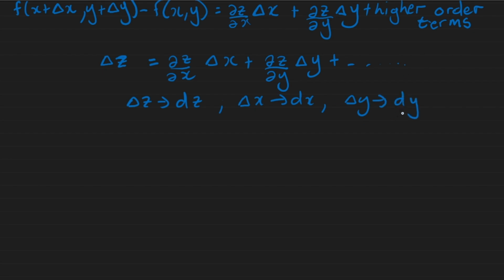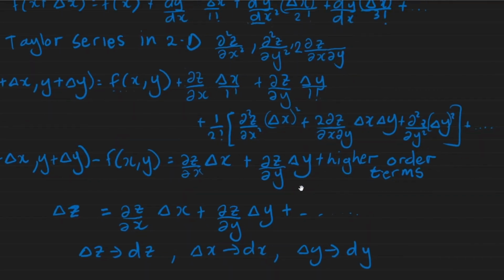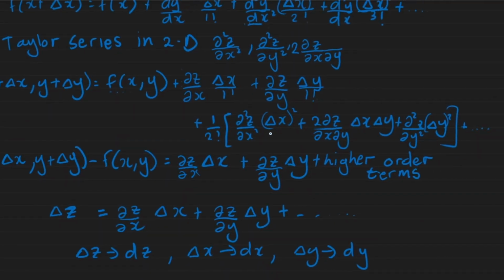All these higher order terms actually cancel out. They cancel out because if we look at these terms, we see that we have a delta x squared, a delta x times delta y, and a delta y squared. So what is happening is that we have small changes being multiplied by each other.